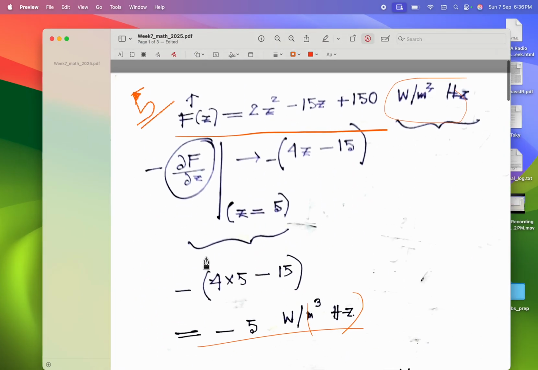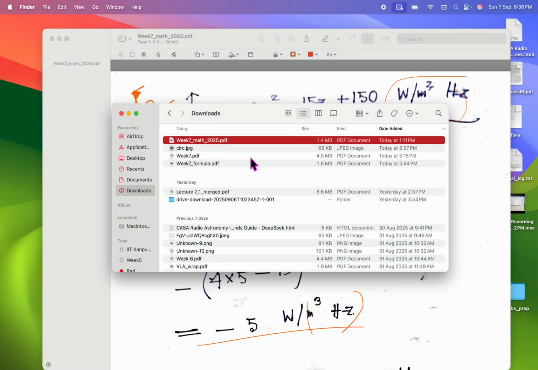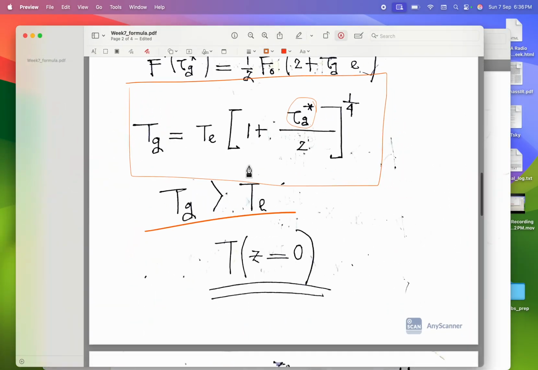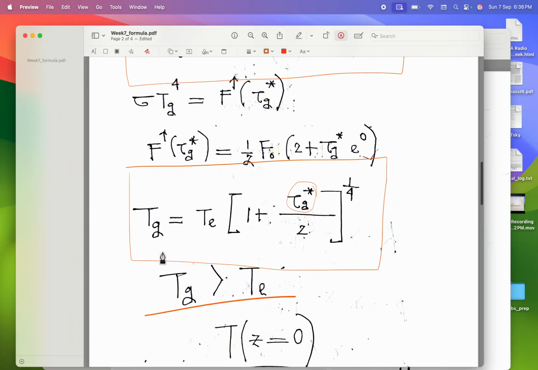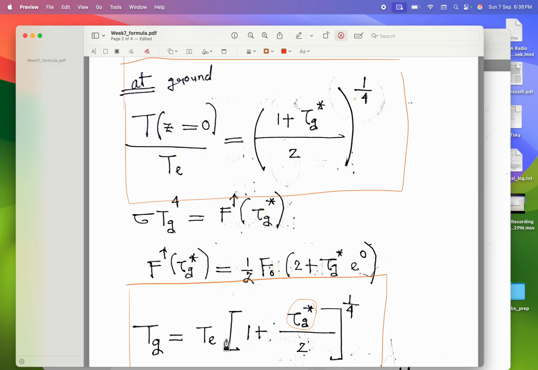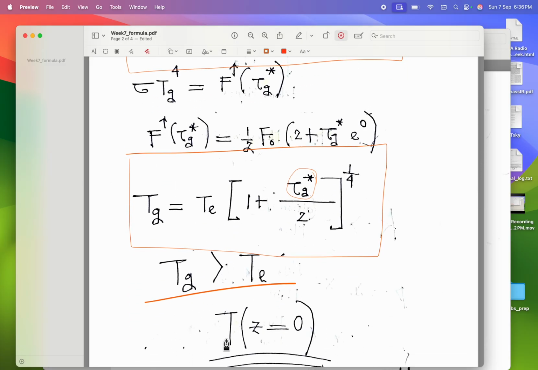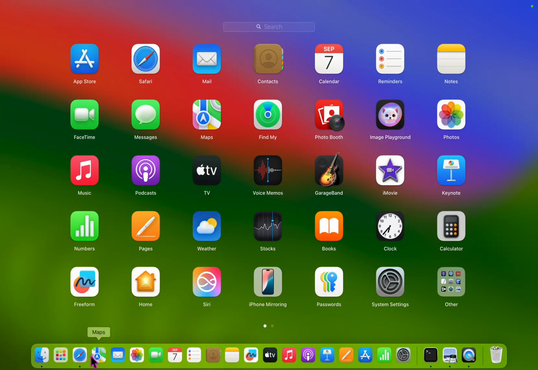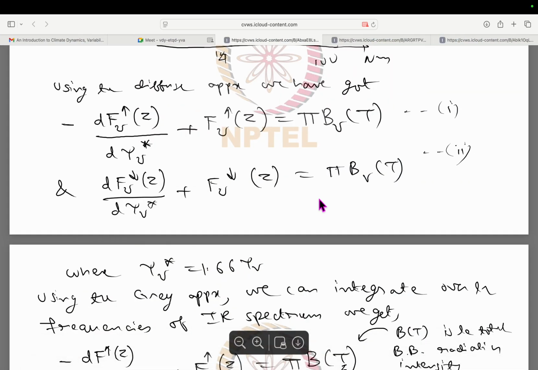And at the lower atmosphere, the temperature has a dependence on the lower atmosphere temperature, is it not? But they are not the same.